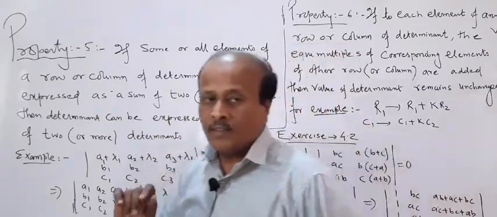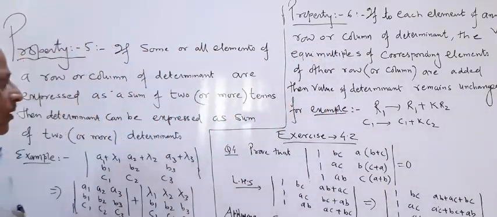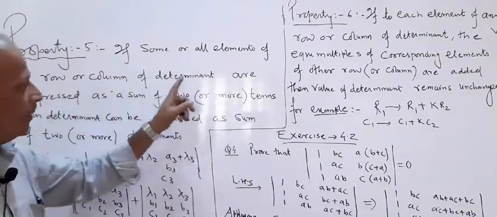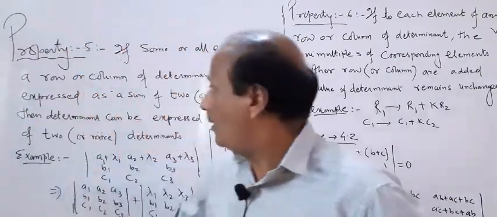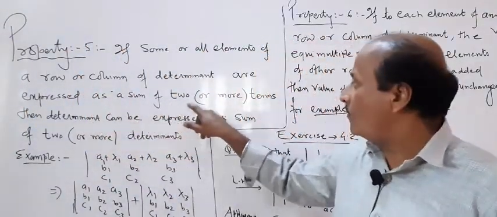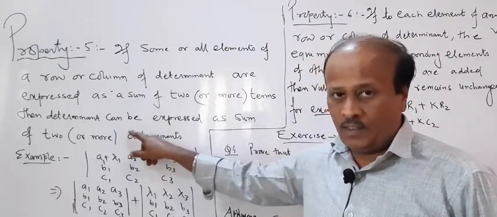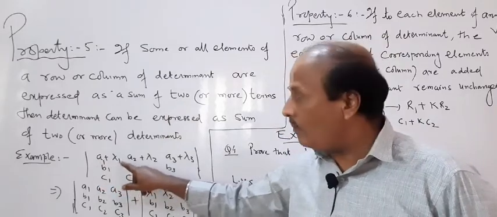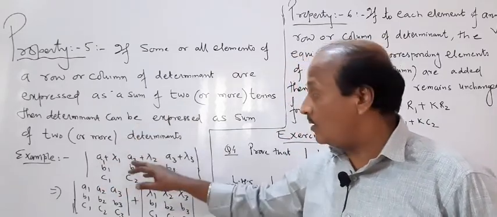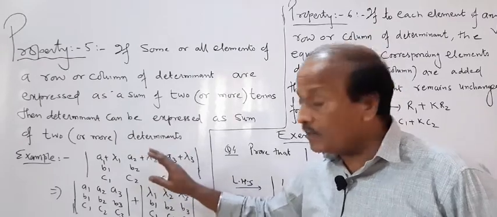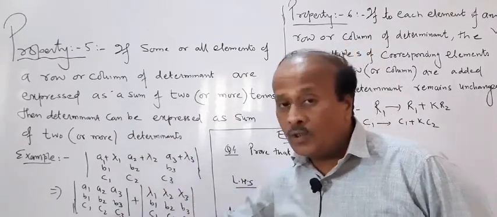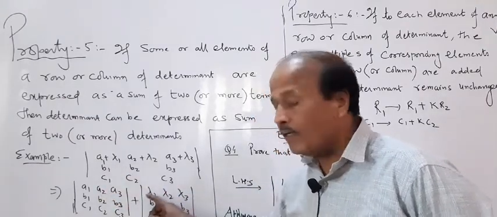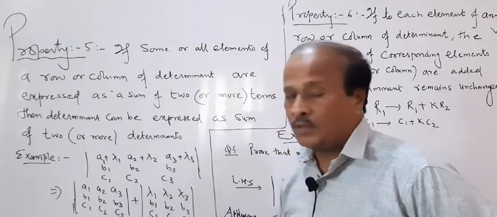But before that, let me read out the sentence given in your textbook also. If some or all elements of a row or column of a determinant are expressed as a sum of two or more terms, then you can express that big determinant in the form of two small determinants. The added terms can be written separately as one of the rows of the new determinant.